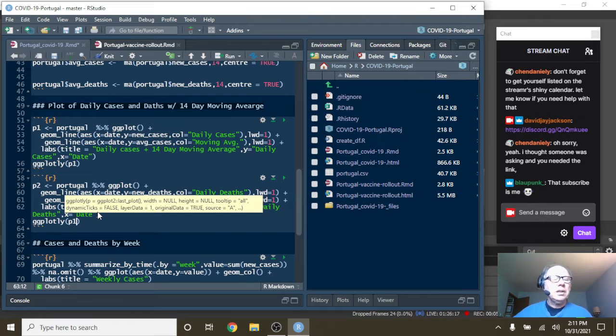What it is, ggplotly, is a wrapper for the plotly code. I'm not sure where ggplotly actually comes from.